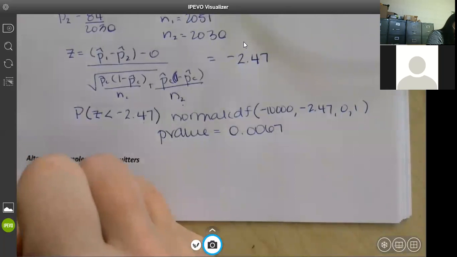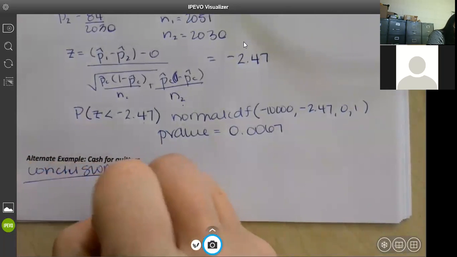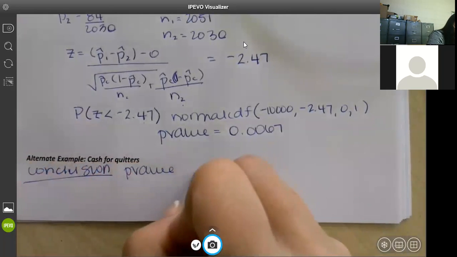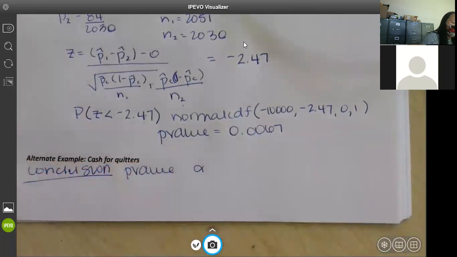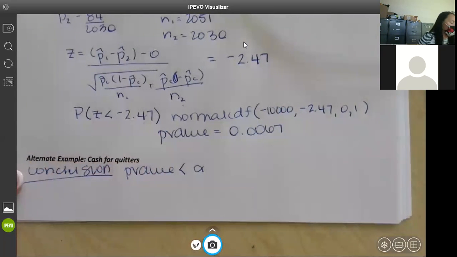So in your conclusion, your p-value compared to your alpha is greater than, or the p-value is less than.